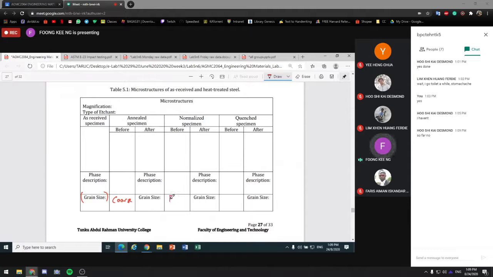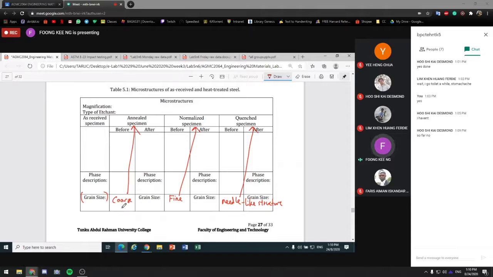This is fine, and this is, sorry, wrong column. Yes, correct column. What you have here, this is for this, then this is for this here. So you can give me a needle-like structure. There's no grain size particularly.